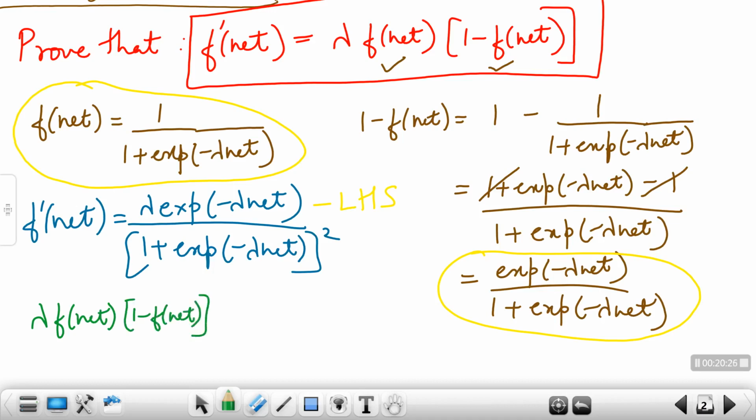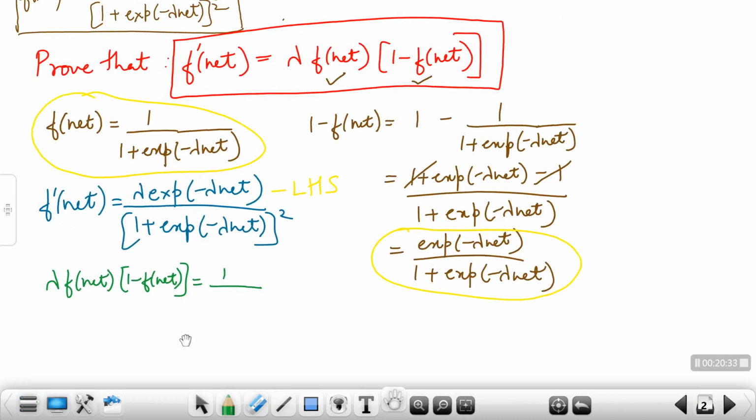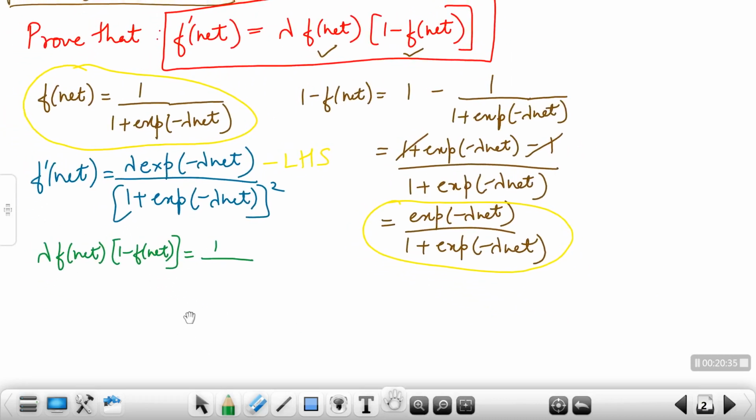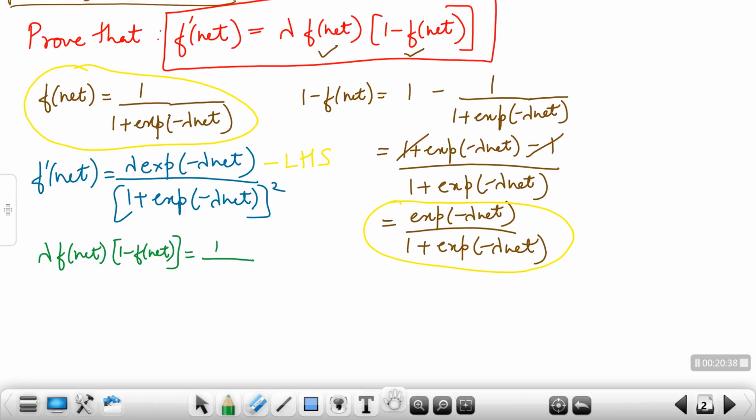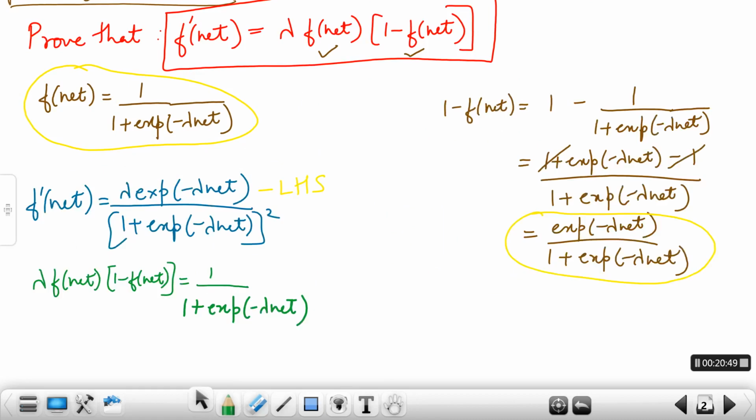You get 1 upon this term, and obviously there is a lambda term which you have multiplied, lambda into f of net.